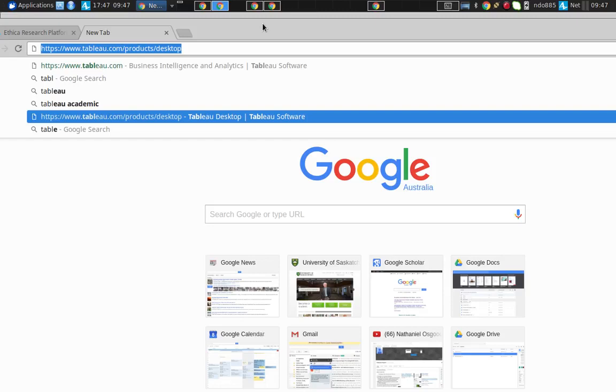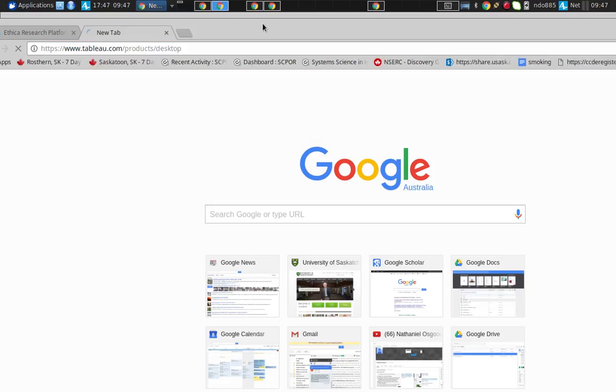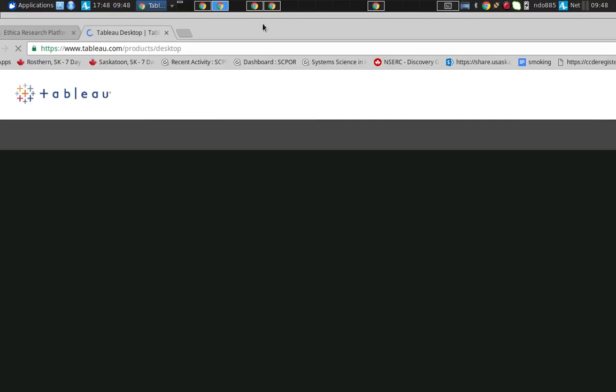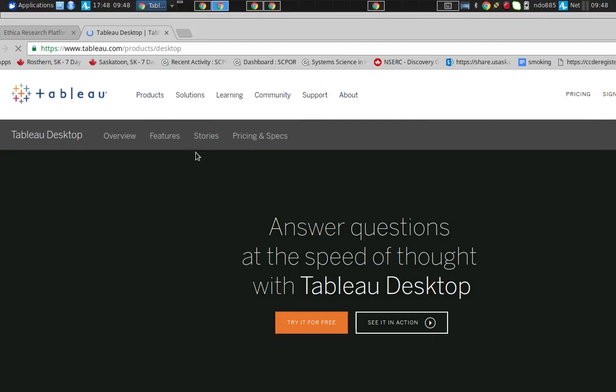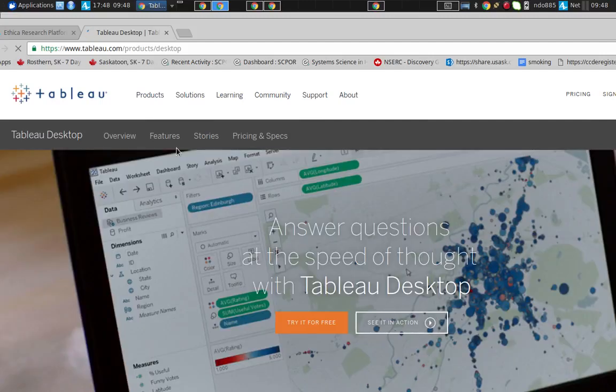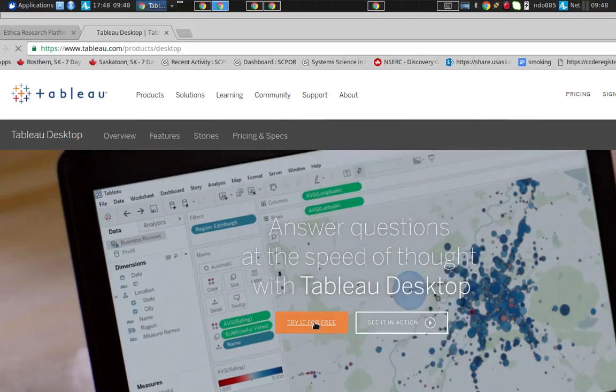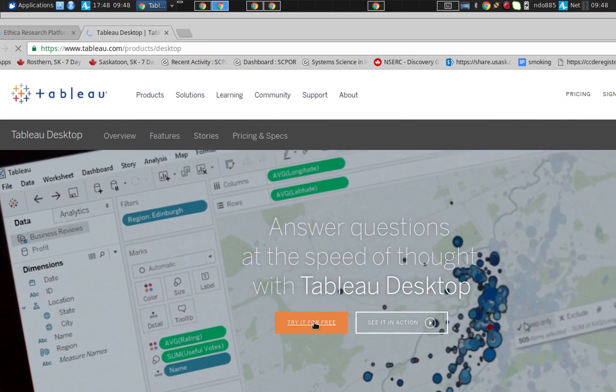So if you go to the Tableau site, tableau.com, and you were to look at the Tableau products, there's one called Tableau Desktop. This is one of the products we'll be using. Within this, you'll see a prominent ad for try it for free.